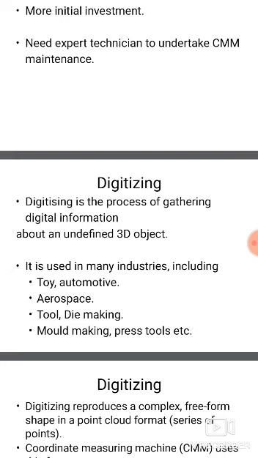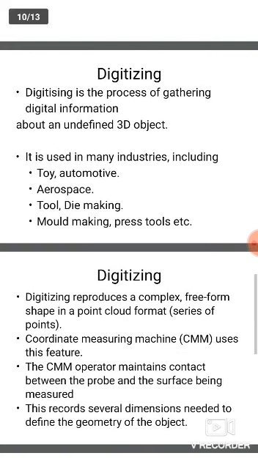It is used in many industries, including toy, automotive, aerospace, tool and die making, mold making, press tools, etc. So digitizing is the process of collecting data and converting any 3D object into dimensional form. This is the digital data which converts 3D objects into dimensional forms.